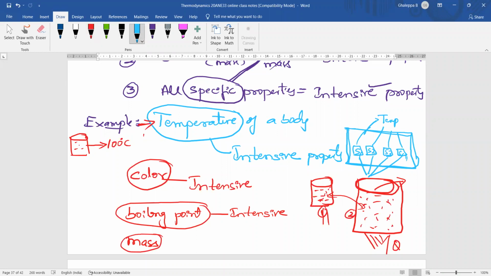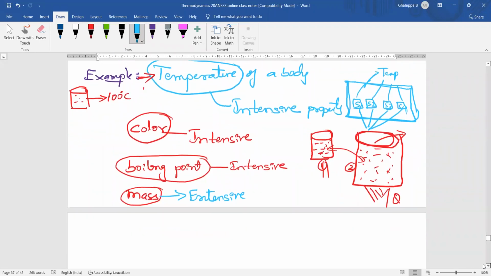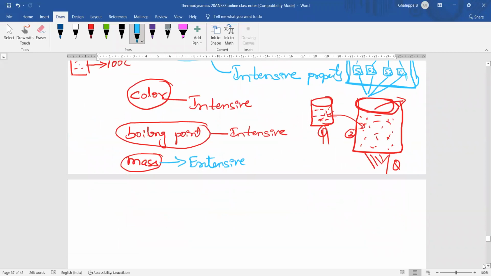It depends on mass. Okay, volume. Is volume dependent on mass or independent of mass? Dependent on mass, sir. Correct? So it is extensive.